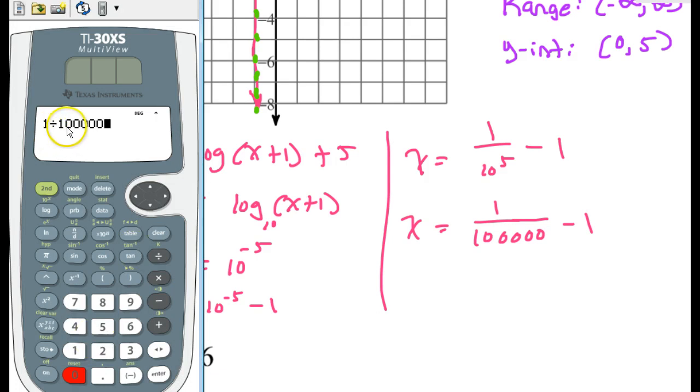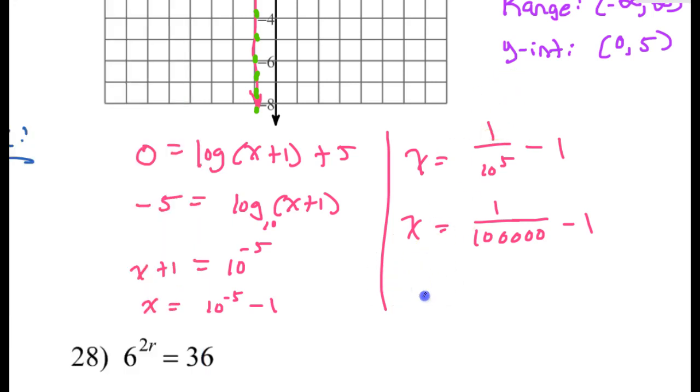Now, 1 divided by 100,000 is 0.00001. So we have to take that and subtract 1 from it. So that gives us negative 0.99999. Okay, so that tells us the x-intercept.